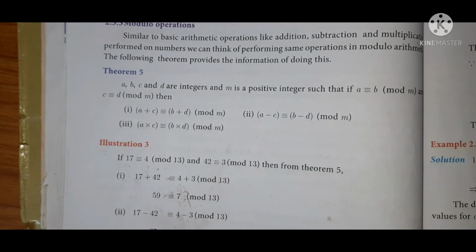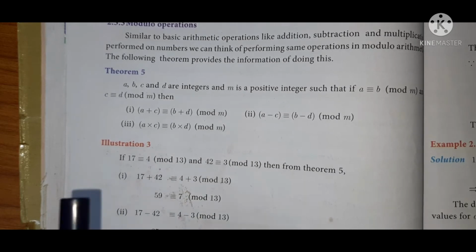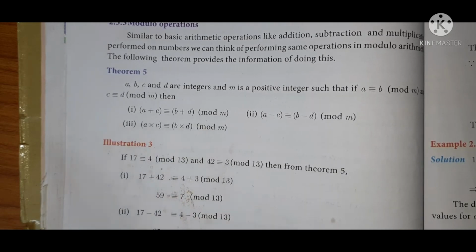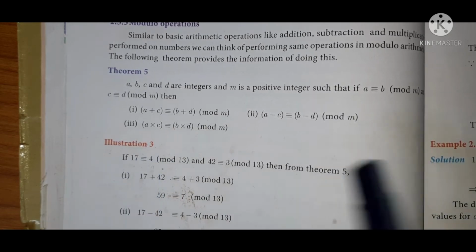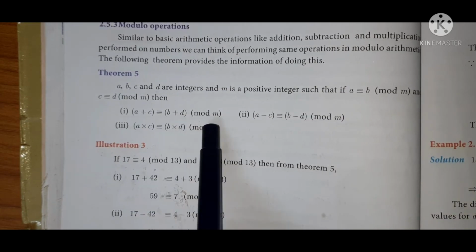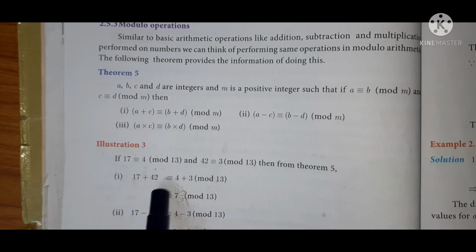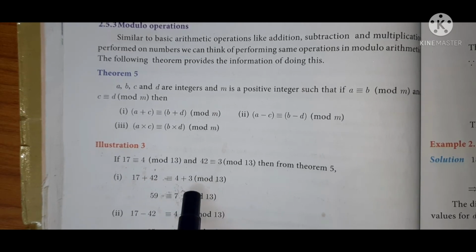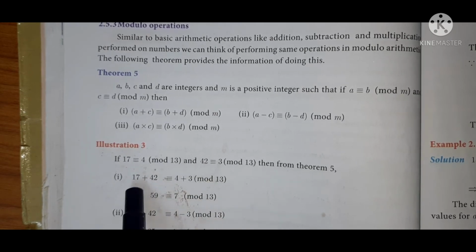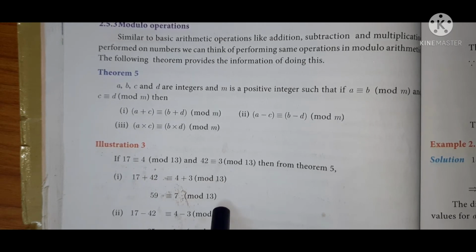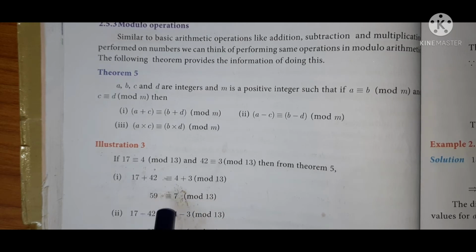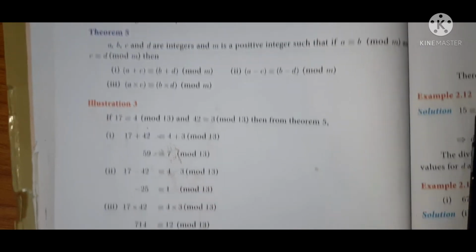Then from Theorem 5, first, addition: A plus C is congruent to B plus D mod m. Using this here, 17 plus 42 is congruent to 4 plus 3 mod 13. 17 plus 42 gives 59, which is congruent to 7 mod 13. When 59 is divided by 13, we get the remainder 7.